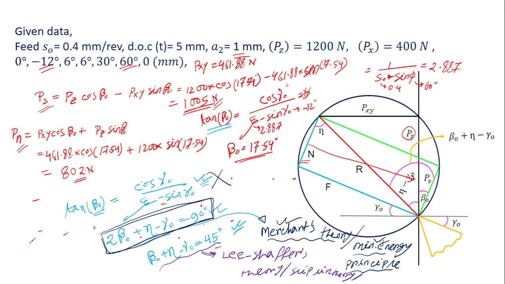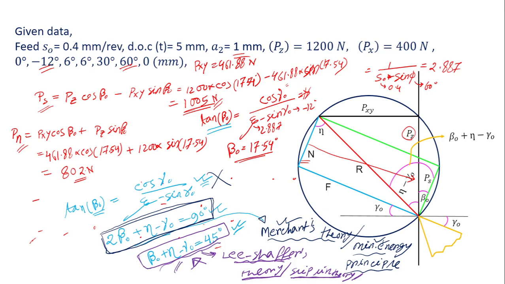Actually, Lee and Shaffer established this equation by following slip line theory only. So any one of these words can be present there. At that time you can use beta naught plus eta minus gamma naught is equal to 45 degree.